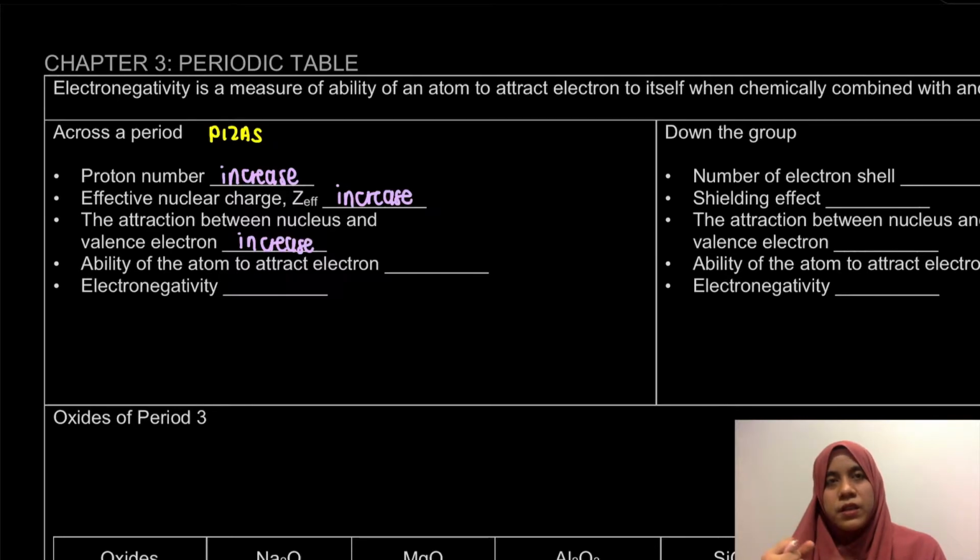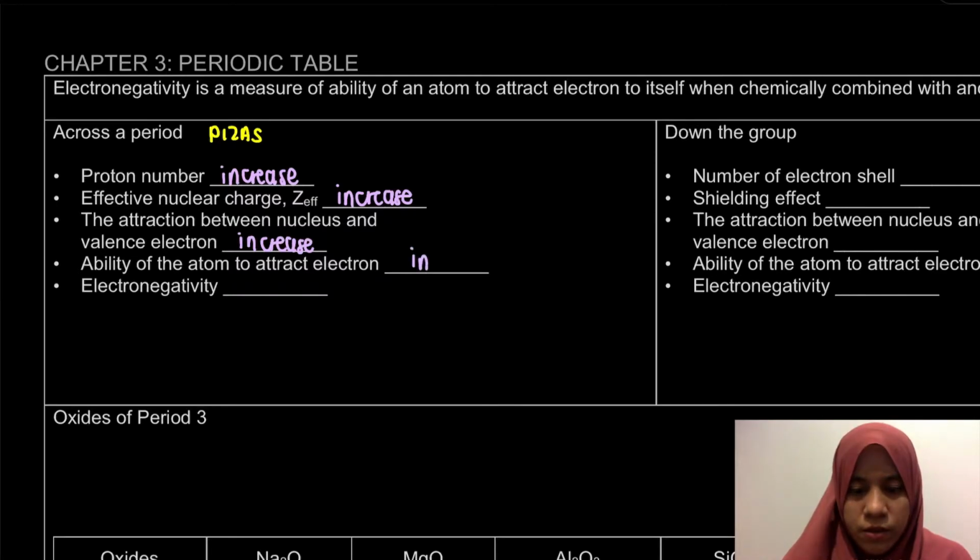So it is able to attract electrons to itself. So the ability of the atom to attract electrons increases. So electronegativity increases.